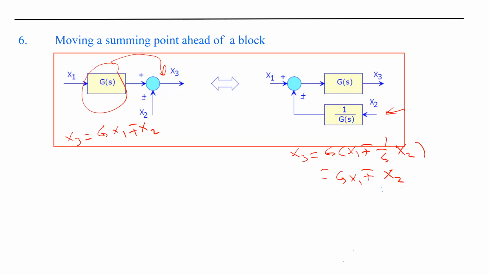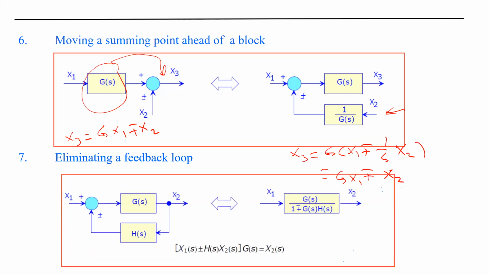Look, maybe you don't use these a lot. This is what you will be using continuously: eliminating a feedback loop. x1 goes to a summation point, giving x2, and I'm feeding x2 back and comparing it to x1. I would like to reduce it into one block.